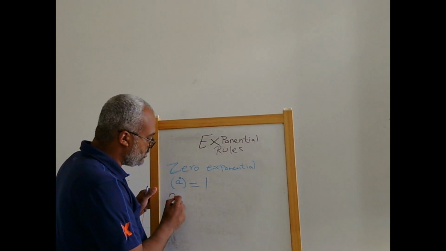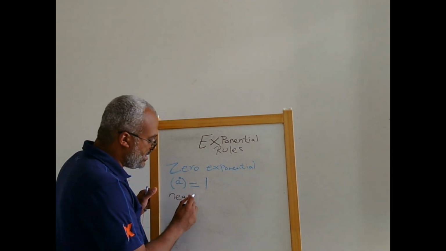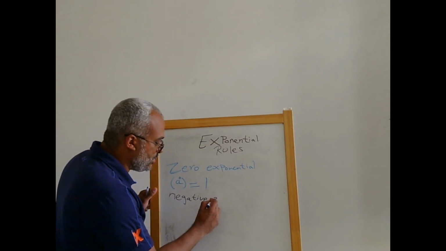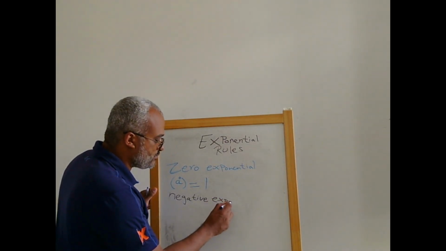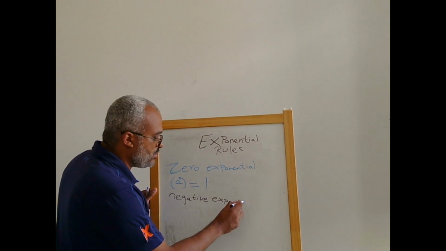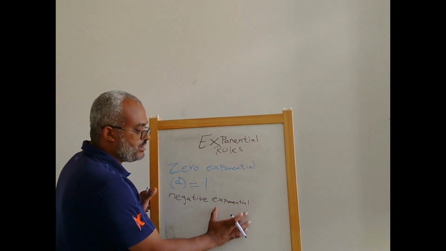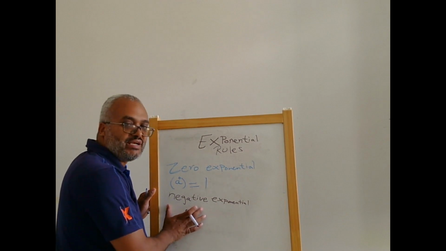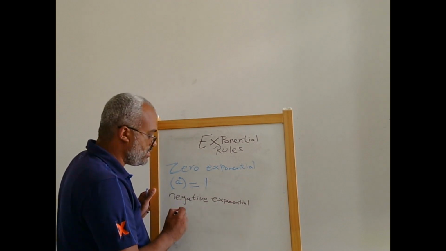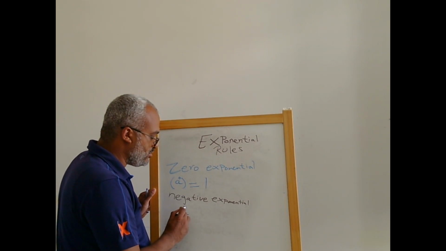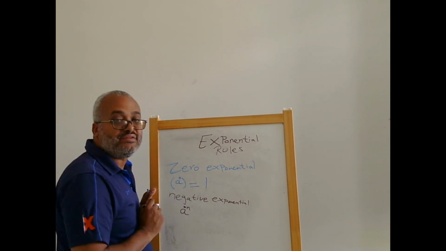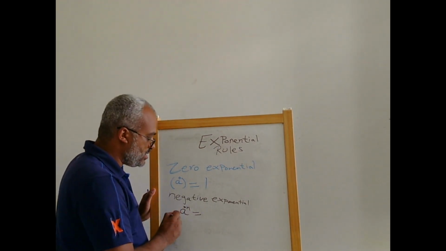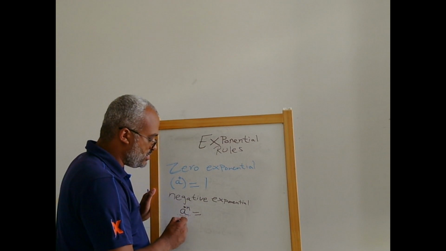The other rule is called negative exponential. Again, exponential means exponent. Negative, so I'm going to have a negative exponent. For example, if I have a to the power of negative n, what do we do? Here we're thinking this is 1, an imaginary 1.